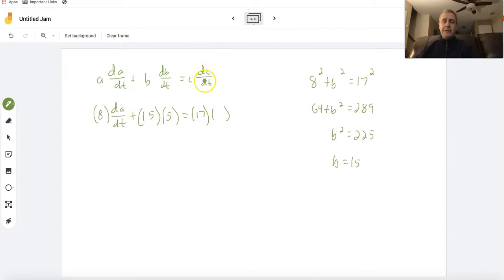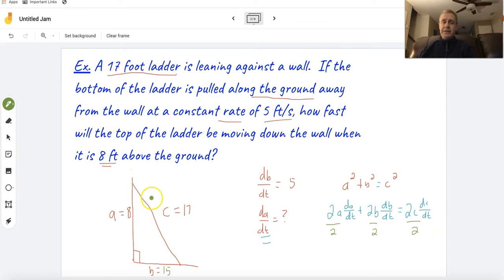But now, dc dt, we were not told exactly what dc dt is. dc dt should correspond to the rate of change in the length of our ladder, or our hypotenuse here. And again, since we're not told exactly what that is, there must be a way to figure out exactly what dc dt should be equal to. The thing is, in the ladder problem, typically this ladder is just a static ladder.